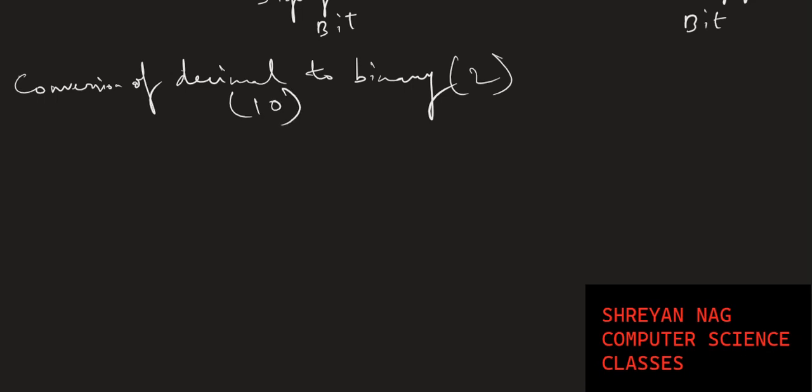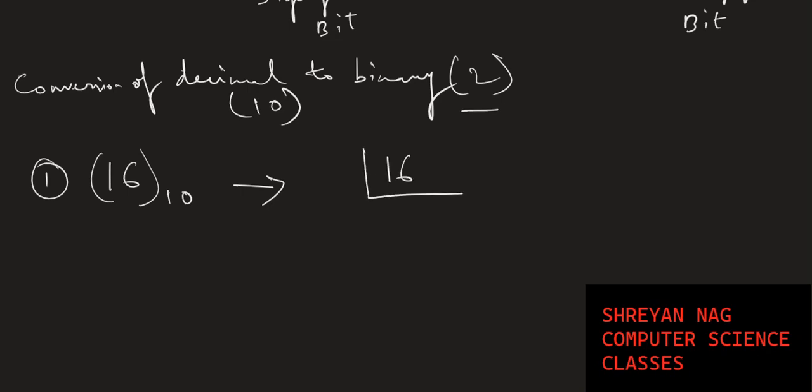Now we are going to convert. Let us take an example for a value of 16 base 10. How are we going to convert that into binary? We are going to divide by 2.